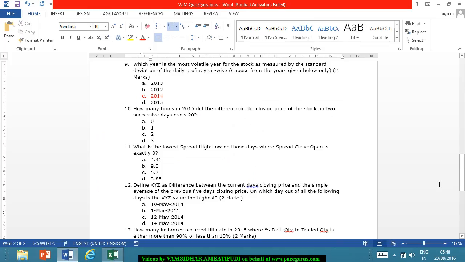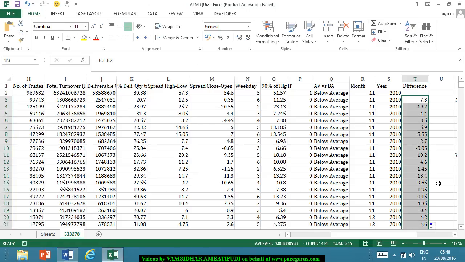So these are the daily differences that are existing. But my question is, how many times in 2015, so I have to say in 2015, the difference in the closing price of the stock on 2 successive days crossed 20. So it could be either on the positive side or on the negative side, because the difference is 20.